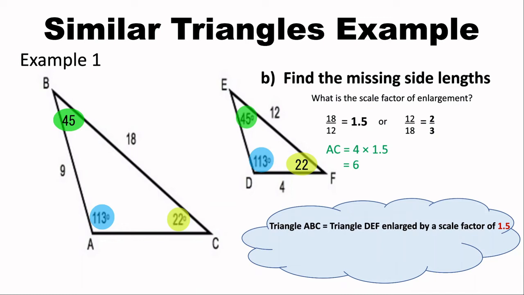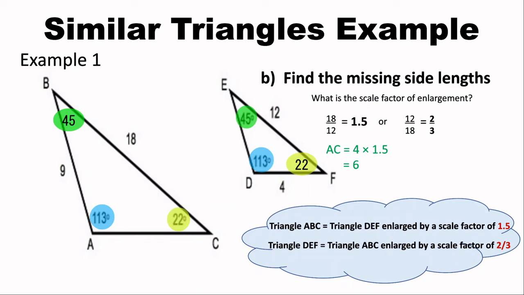So if the scale factor that takes me from triangle ABC to triangle DEF is 2/3, we can say that triangle DEF is an enlargement of triangle ABC by a scale factor of 2/3, which is less than 1, so that explains why it's gotten smaller.